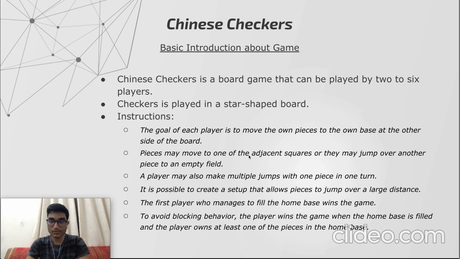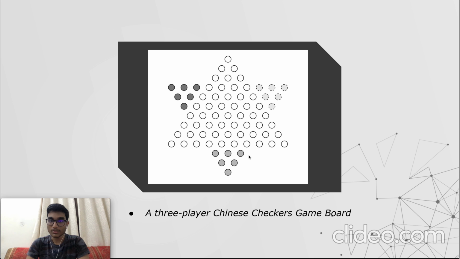To avoid blocking behavior, the player wins the game when the home base is filled and the player owns at least one of his pieces in the home base. That is, a player could otherwise block the opponent's home base by keeping his piece there. To avoid that, if the home base is filled and at least one of the pieces belongs to the player, he is considered the winner.